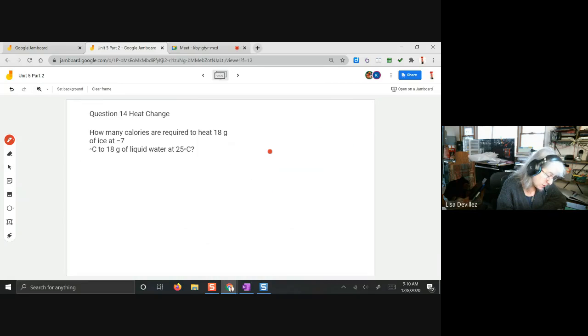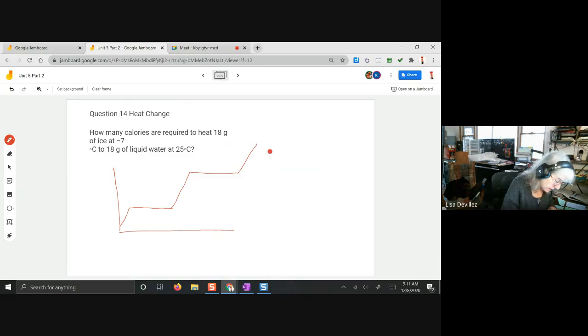How many calories are required to heat 18 grams of ice at -7 to 18 grams of liquid water? All right. So we are going to be starting somewhere down here at -7, because this is water. So that's at 0.